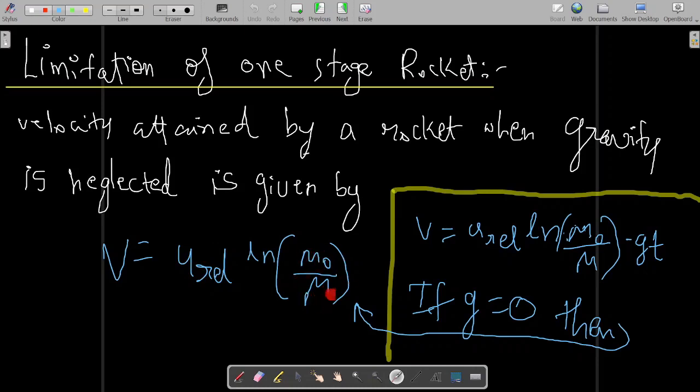You can increase u relative, or m naught over m, or both, so your final v will increase many folds.